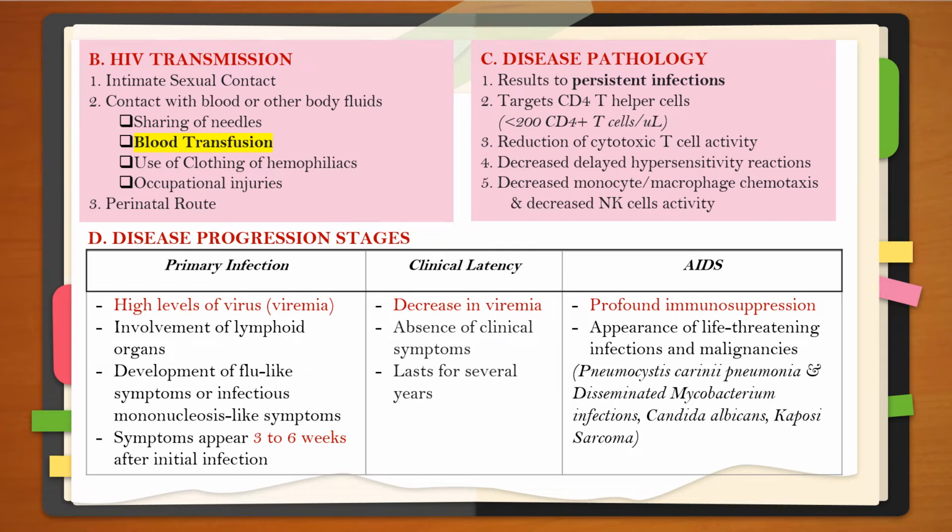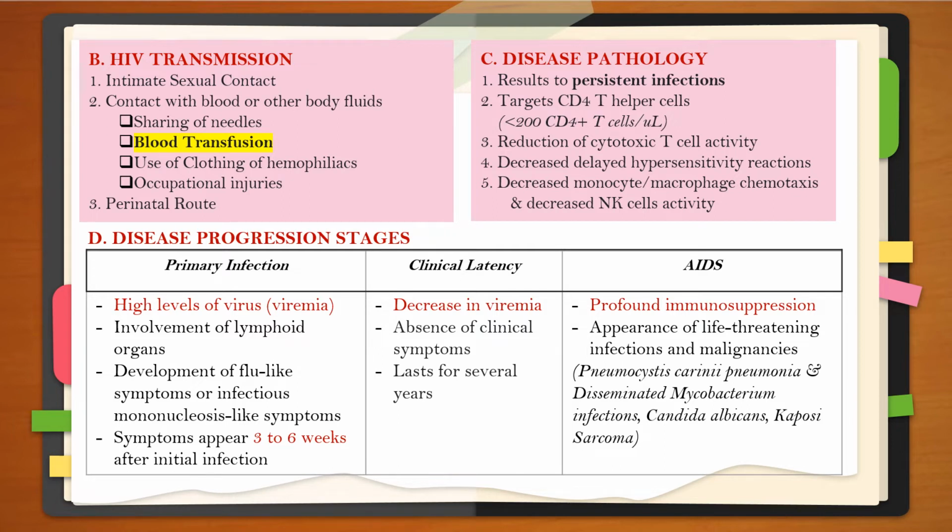From both clinical and theoretical points of view, infectious mononucleosis-like or flu-like symptoms start to arise within the primary infection, usually appearing 3 to 6 weeks after the initial infection. However, class, take note: some patients are also asymptomatic during the stage of primary infection.